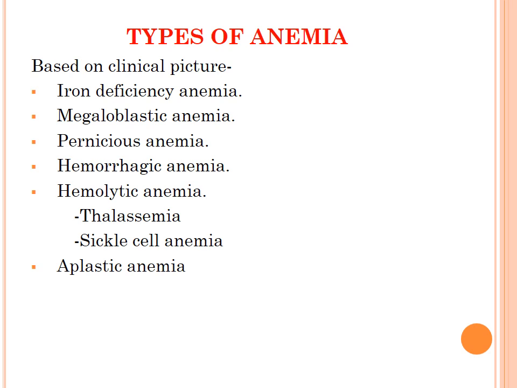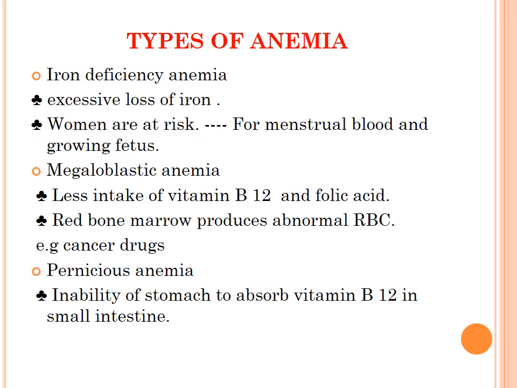Now, types of anemia. On the basis of clinical picture, the types are iron deficiency anemia, megaloblastic anemia, pernicious anemia, hemorrhagic anemia, hemolytic anemia, thalassemia, sickle cell anemia, and aplastic anemia. Now friends, let me explain these all one by one.